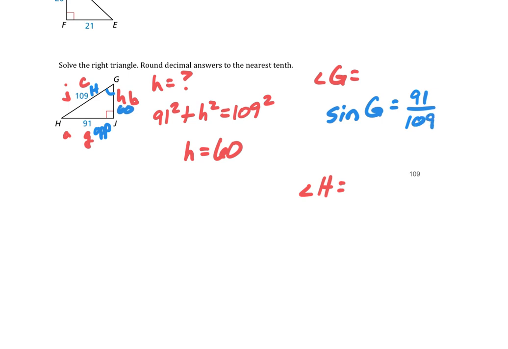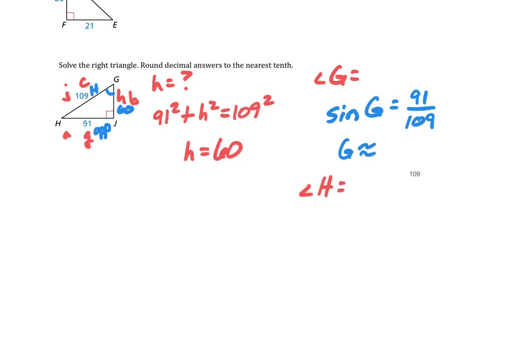Any questions on how to set up that equation? We did a little bit of that last week. Because we're finding an angle measure here, we're going to do sine inverse.